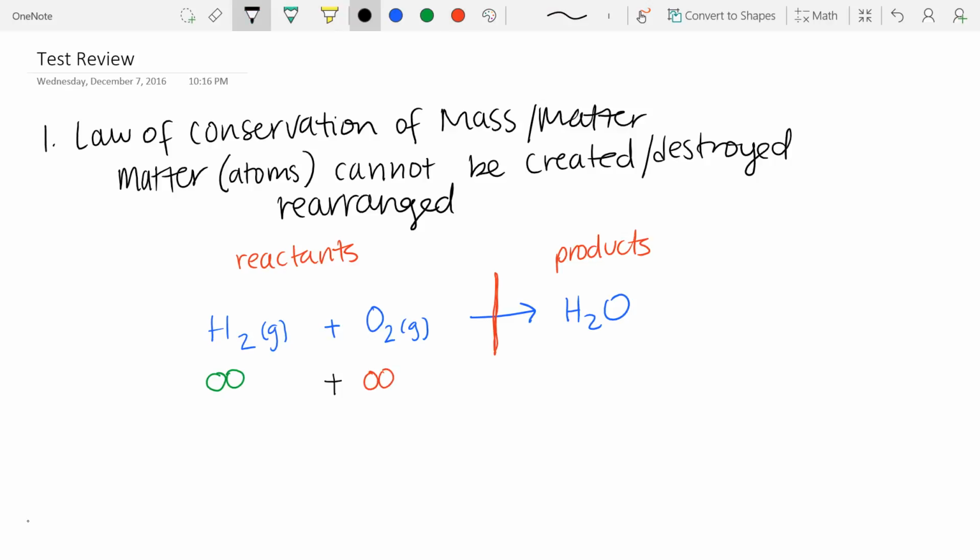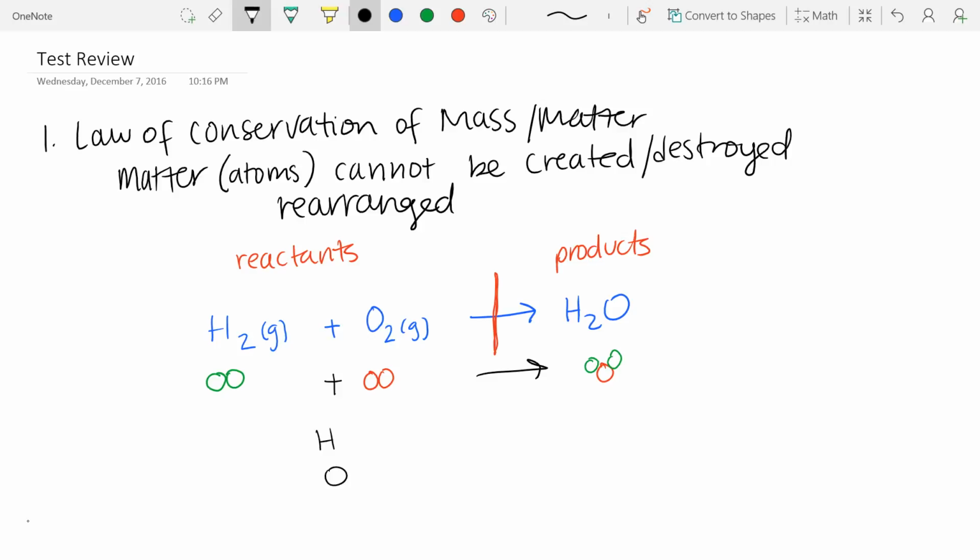Okay, they produce something that has one oxygen and two hydrogens on it. Now, you might be wondering, why do I only have one oxygen? On the left side, on the reactants, I have two of them, and on the right side, I only have one. Okay, and this means that the law of conservation of matter is not being followed. It's not balanced.